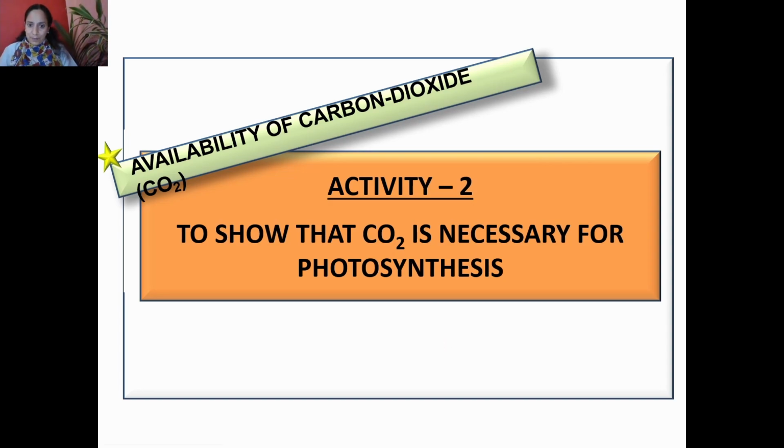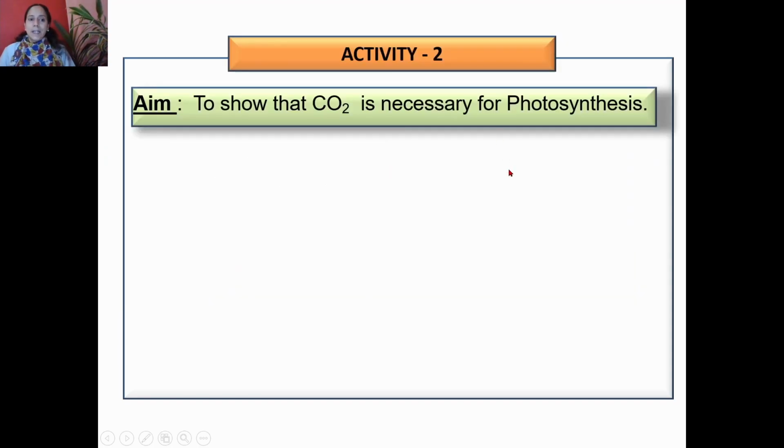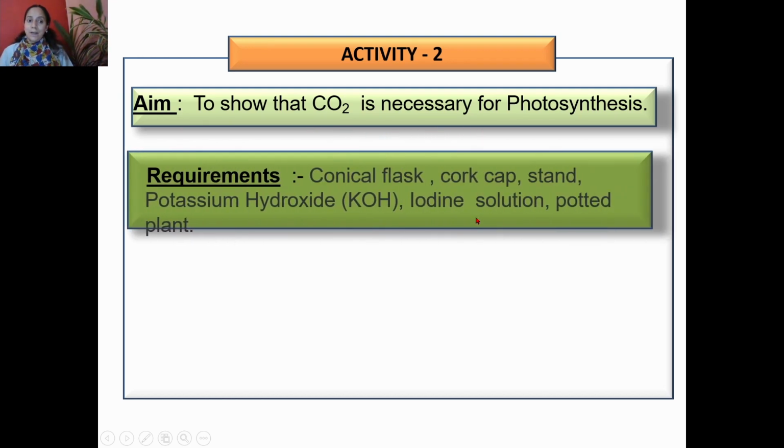The next activity is to check whether carbon dioxide is necessary for photosynthesis or not. If it is necessary, let's see how we can verify it. So it's our second activity, and our aim is to show that CO2 is necessary for photosynthesis.